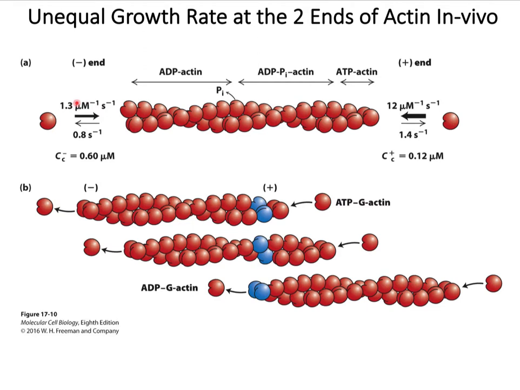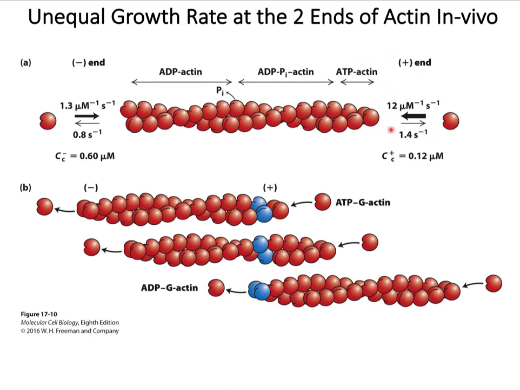What it means is that if 1 micromolar of free ATP G-actin is added to preformed filaments, 12 subunits on average will be added to the plus end every second, whereas only 1.3 subunits will be added to the minus end. So the addition of ATP G-actin is approximately 10 times higher at the plus end.